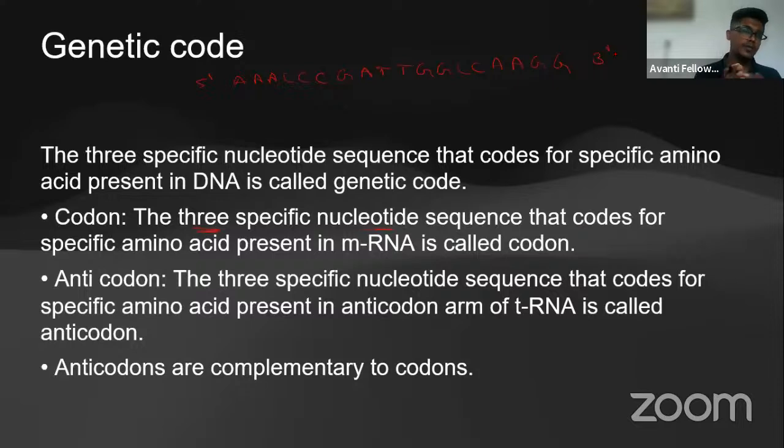So this is my DNA. What will be my RNA? A will become U, and then G, C, U, A, C, C, G, U, and then you have your CC. Correct, guys? So this is my RNA.